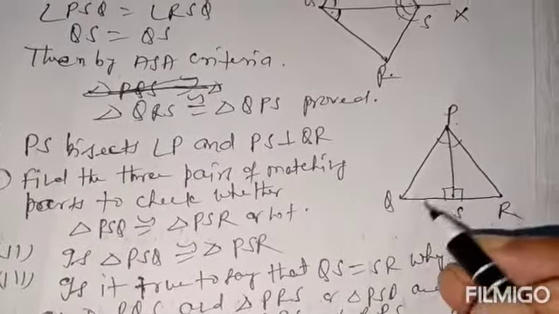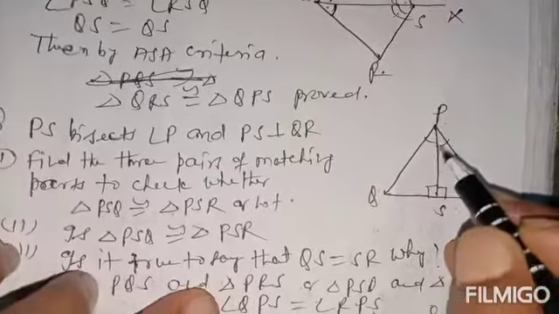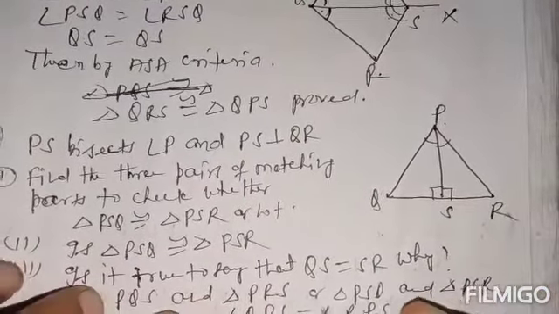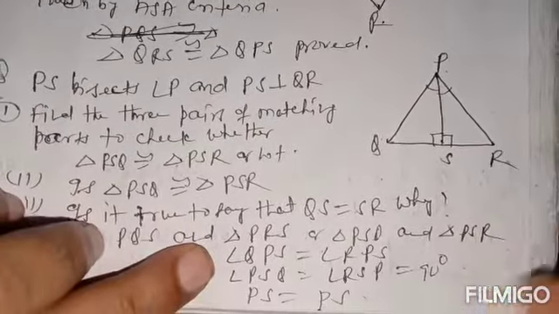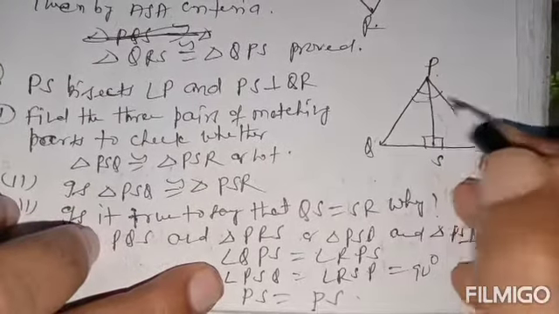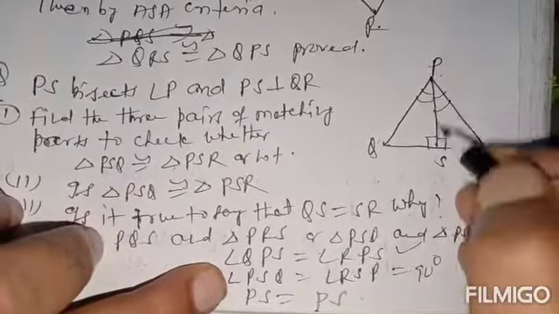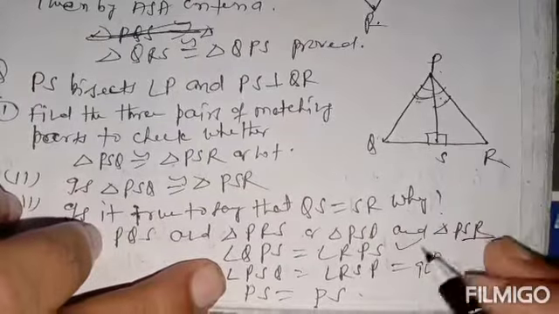So here in triangle PSQ and PSR, angle QPS is equal to angle RPS, because PS is the bisector of angle P, so these two angles are equal.